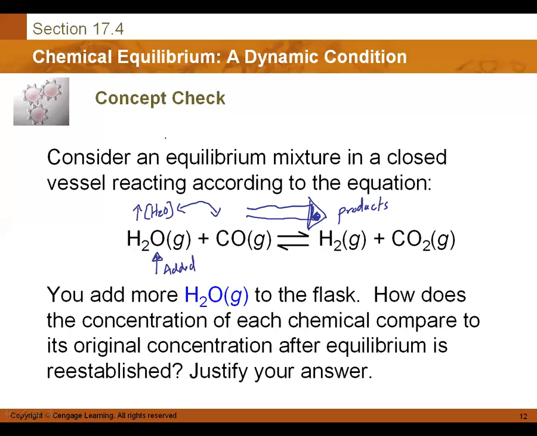So what does that mean in terms of the concentrations of everybody in this particular reaction? Our concentrations of our H2O, our CO, and on the other side, our H2 and our CO2.